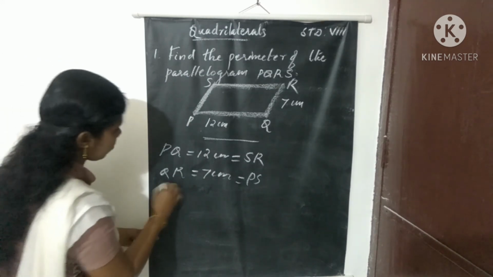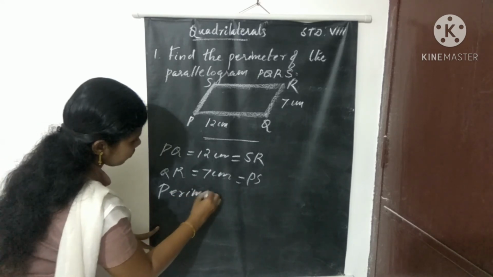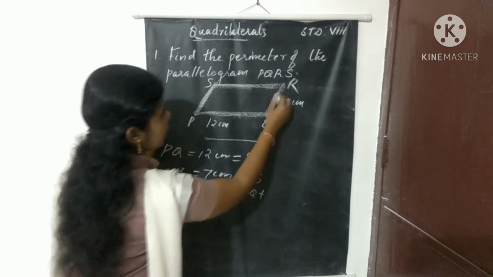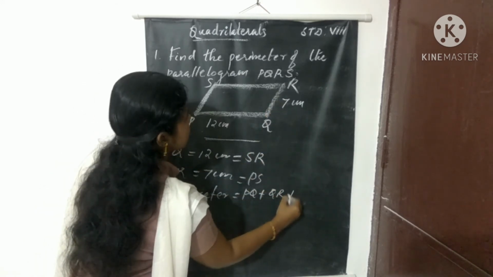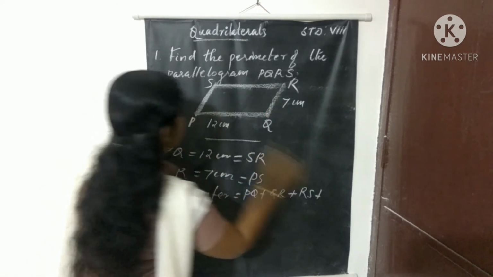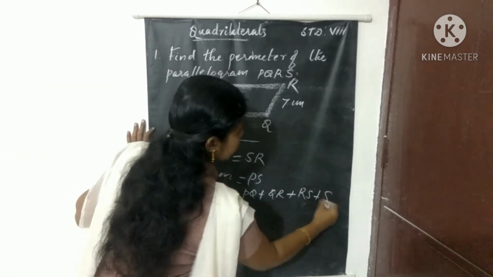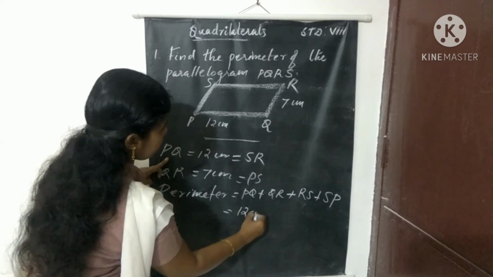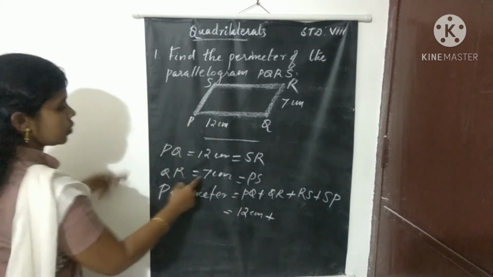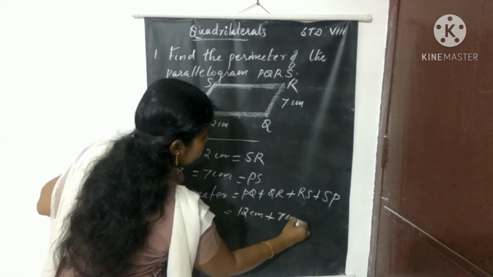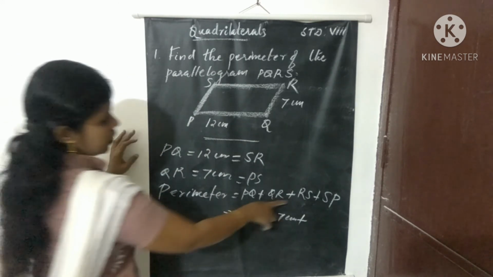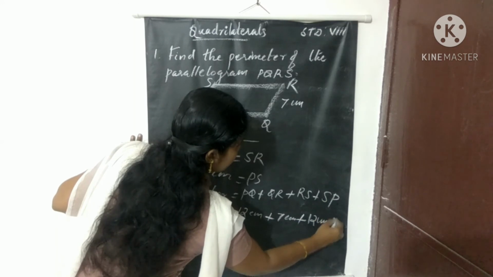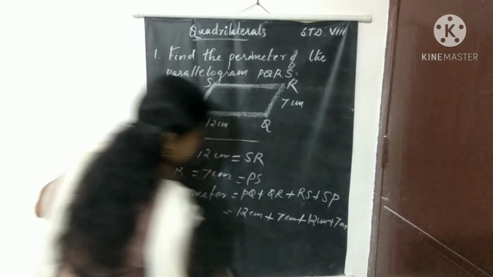So perimeter equals PQ plus QR plus RS plus SP. PQ is 12 centimeter, QR is 7 centimeter, RS is 12 centimeter, SP is 7 centimeter.